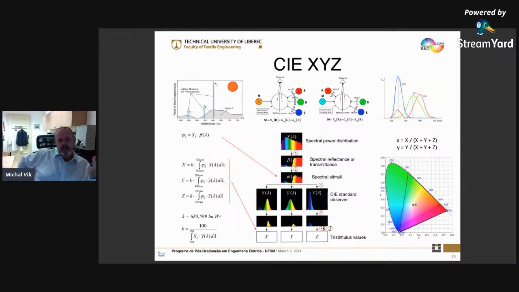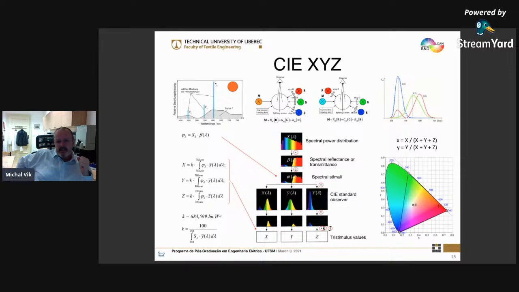The system is based on the idea that in our eyes we have three types of cones, simply RGB cones. Today we call them LMS cones, because the colors are a little bit confusing as a description of the sensitivities of our cones.